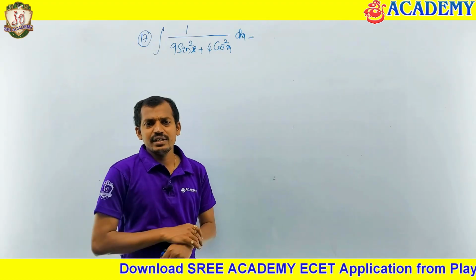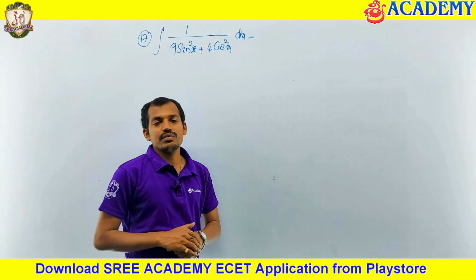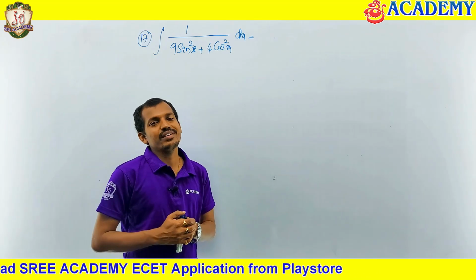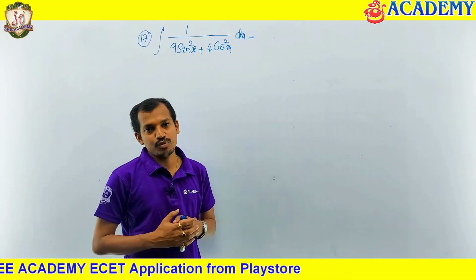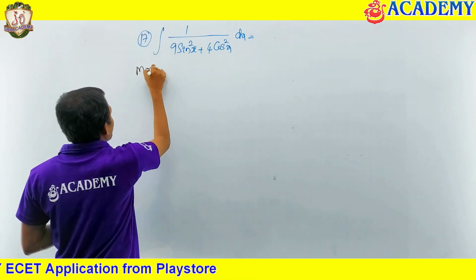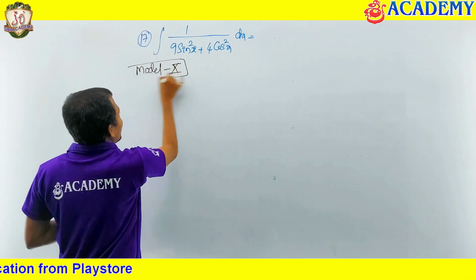Once again, we are representing the problems here with some results. Here also I am going to give one more result that I am treating as one more model. With this also we can form more questions.